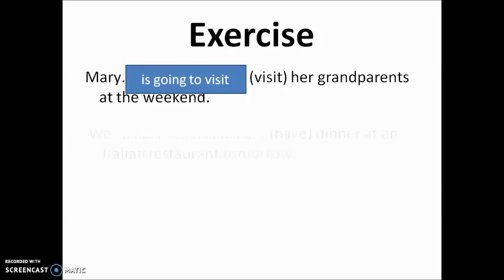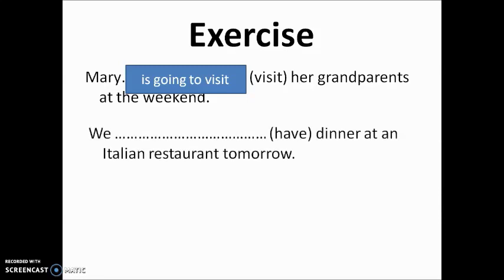Another example. We space have dinner at an Italian restaurant tomorrow. The verb be with we is are plus going to and the base form of the main verb have: are going to have.